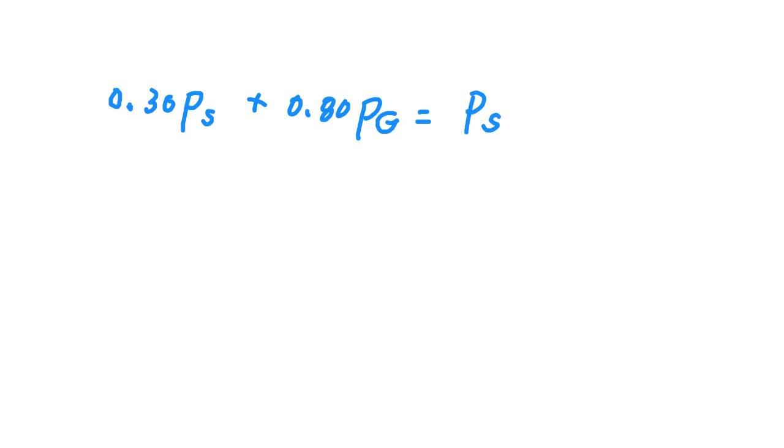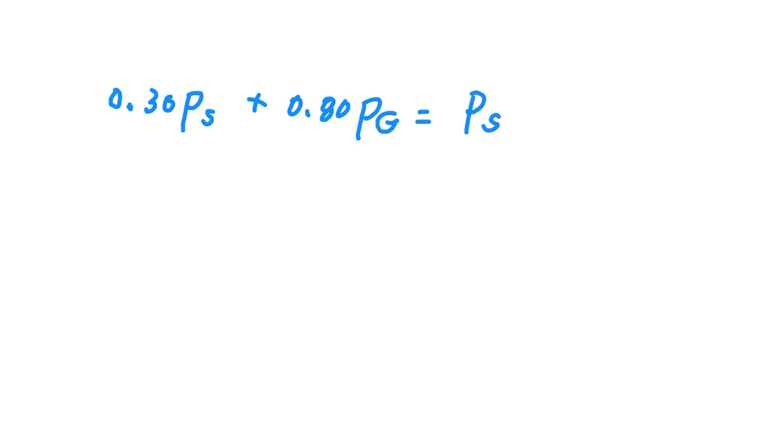So let's write down what we have here. We have 0.30 times the price of services, plus 0.80 times the price of goods, equals the income of services.